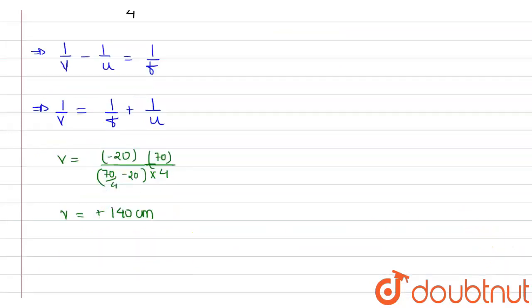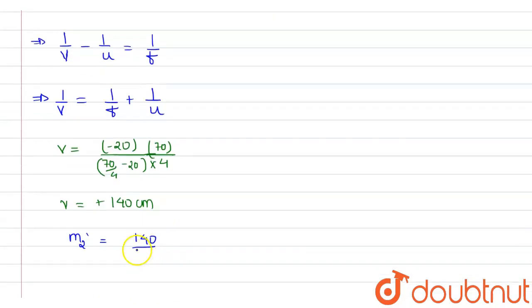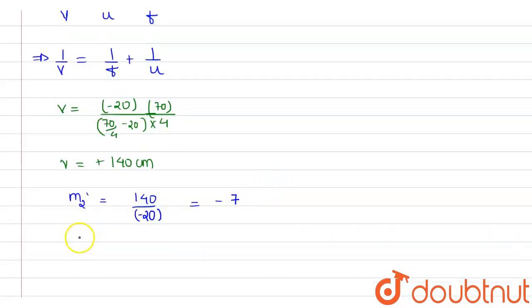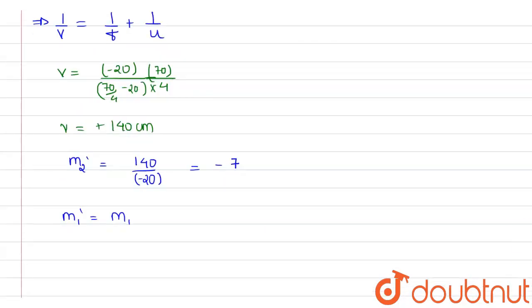Now we will calculate the magnification again. Our magnification m2 dash will be 140 upon minus 20, which is minus 7, so it is 7. Now our m1 dash will be equal to m1, because the change in medium will not affect the image by the concave mirror.